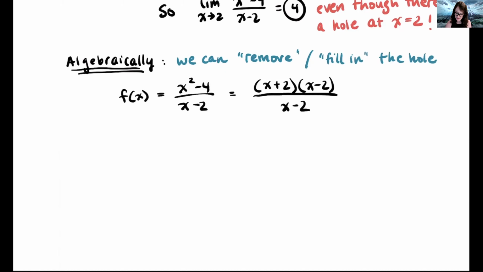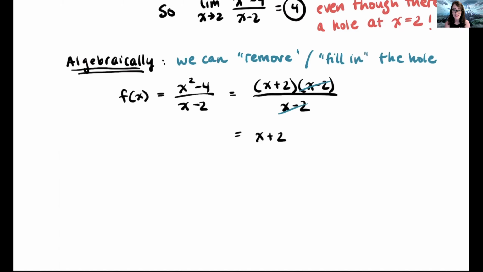And here we can see the culprit that's giving us a 0 over 0, right? If we just remove those or cancel them or divide them, what we're left with here is x plus 2. That's really interesting, right? That's just the example 1 that we were looking at.